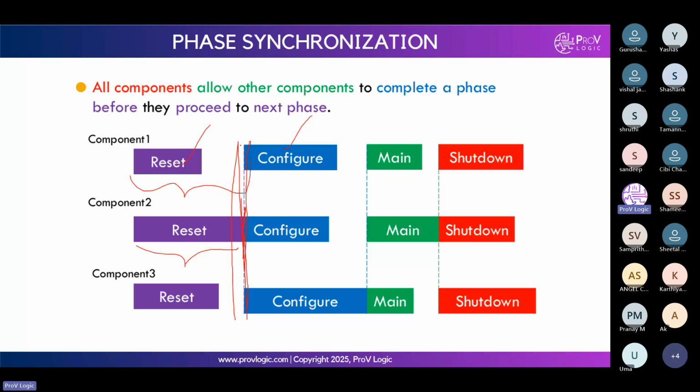Here component 1 and component 2 will be waiting until component 3 is completed. Once it is completed, all three are in sync and start the configure task. Here also one is completed fast, the second one is completed fast, but still it should wait till the third one is completed or not.